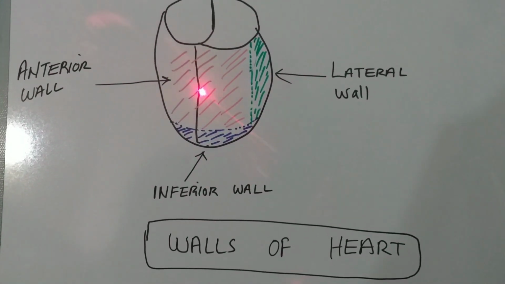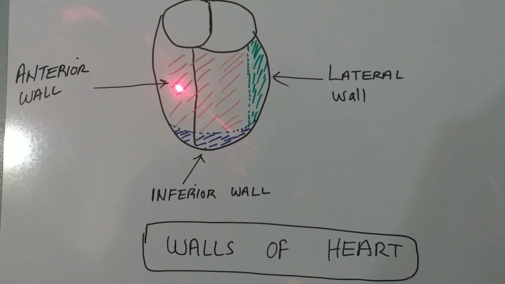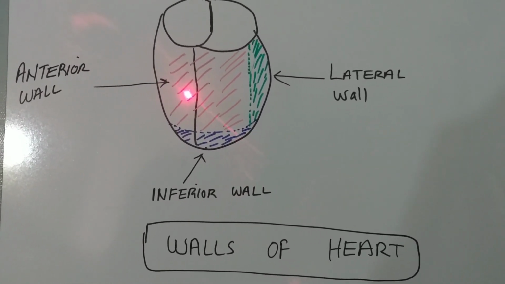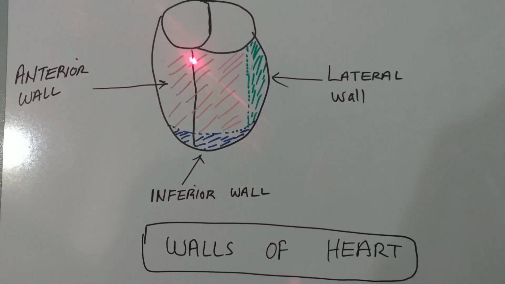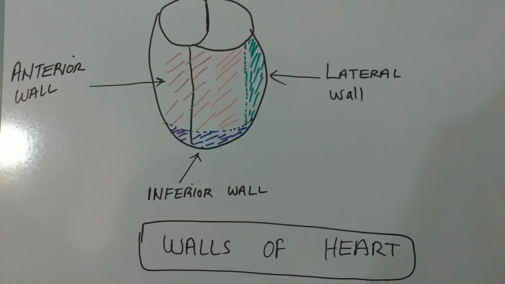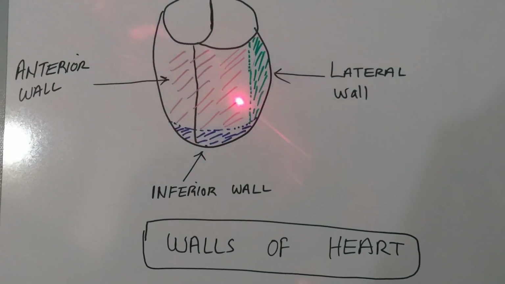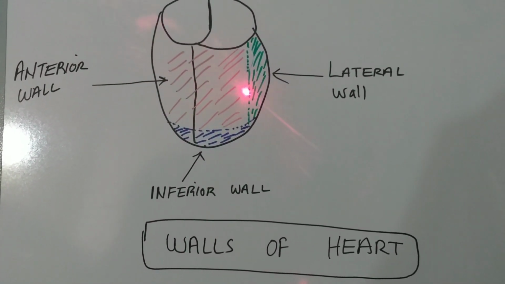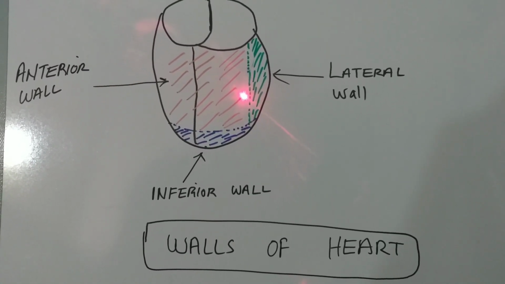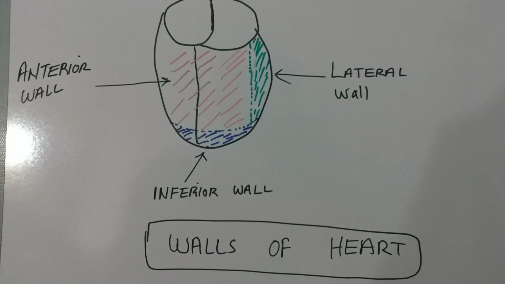But this part of the anterior wall of the heart is represented on the ECG by V1 and V2 because they are very near to the septum. So V1 and V2 are famously known as anteroseptal leads. V5 and V6 are located on the lateral side of the anterior wall, so they are called anterolateral.